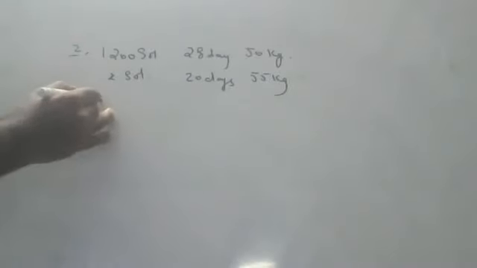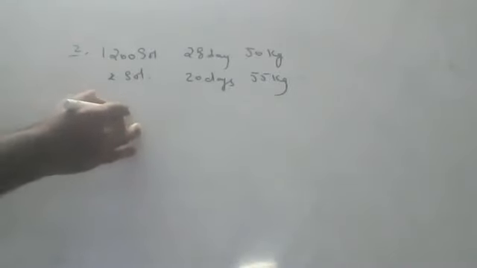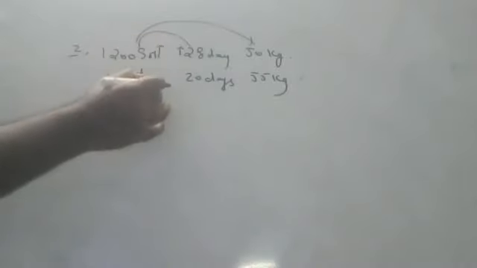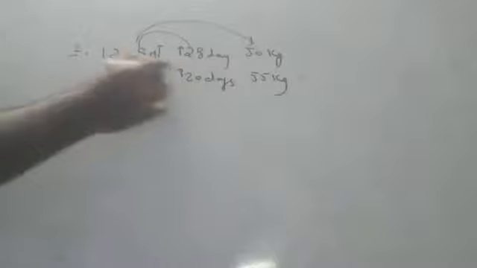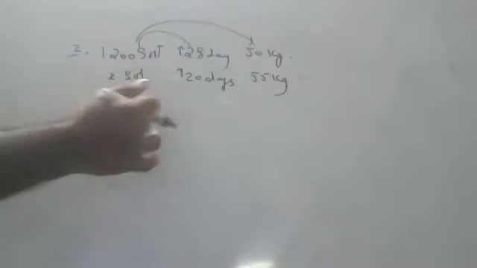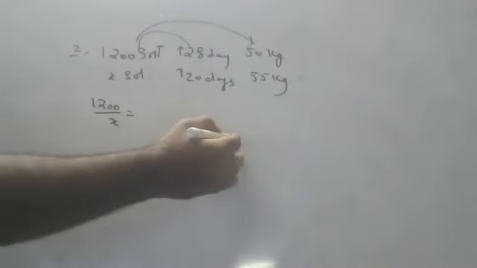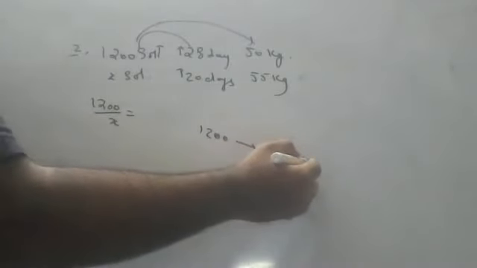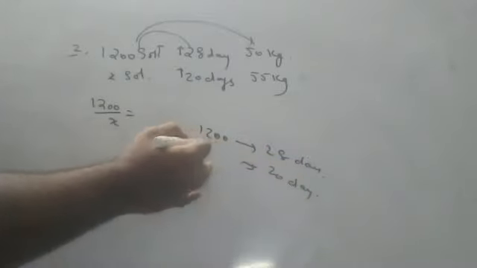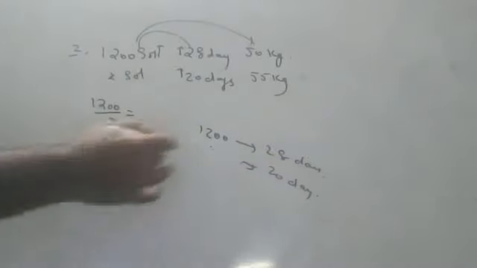That is the question. How to do it: first put 1200 by x, and each one you should check, whether direct or inverse. First, 1200 soldiers, 28 days. If you want 20 days only, soldiers should be more or less?